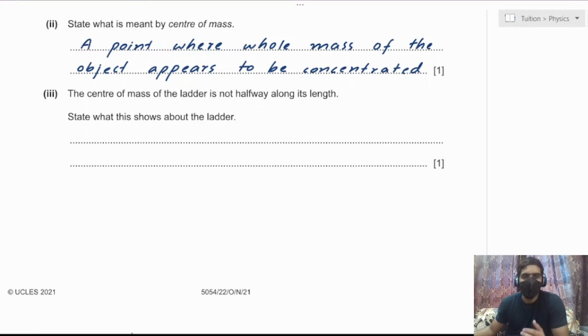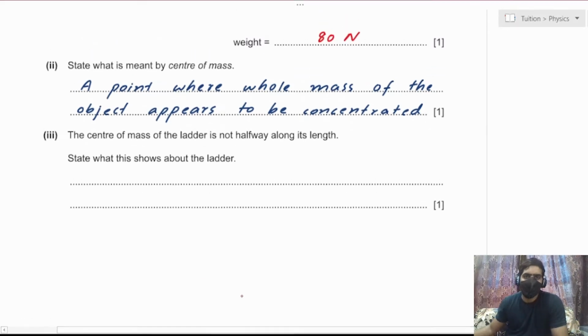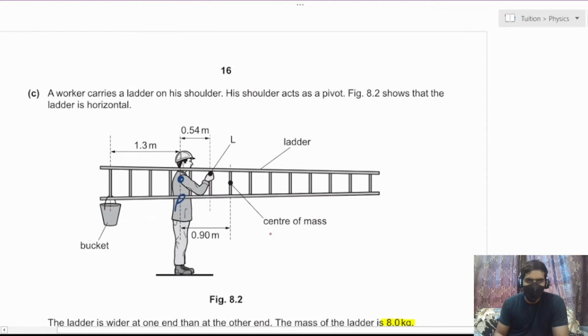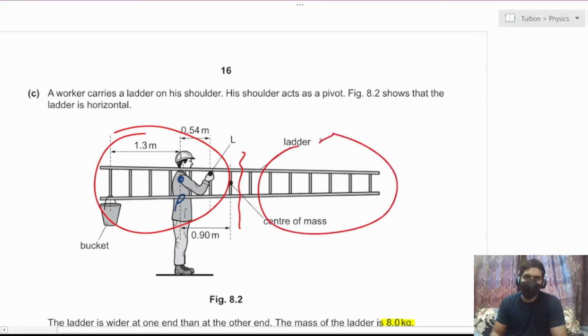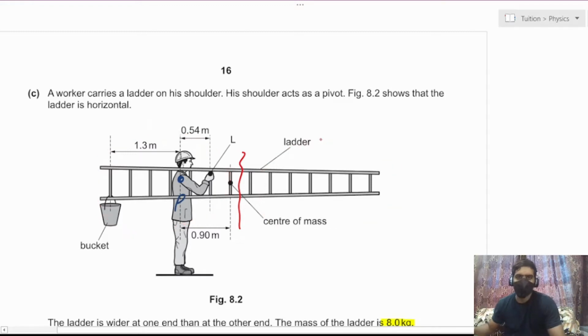So simply it tells that the mass of the ladder is not uniformly distributed, and we can see from the diagram as well. You see, if I split the ladder into half, on the left side there appears to be more mass because the ladder appears to be wider from that side, but on the right side there appears to be less mass. So the center of mass cannot be at the middle.